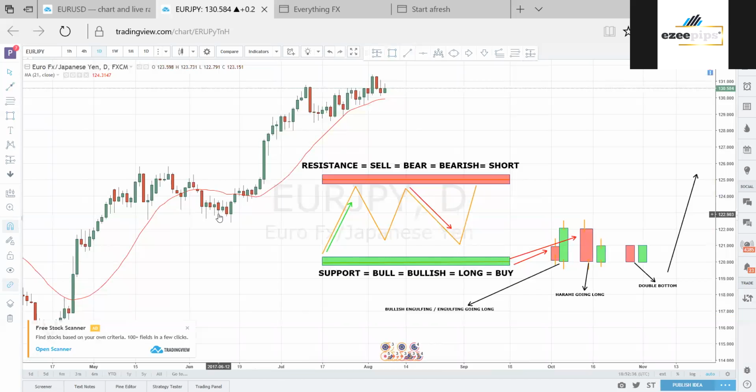At a level of support here, what do I see? How do I identify my level of support? A support is always found at the bottom, right? You can see support is always found here.